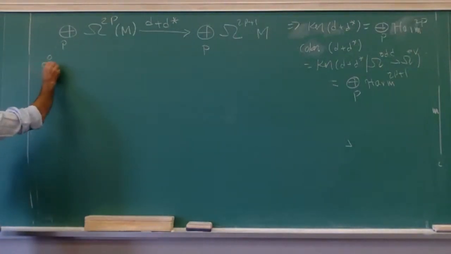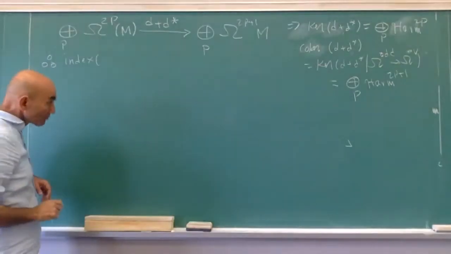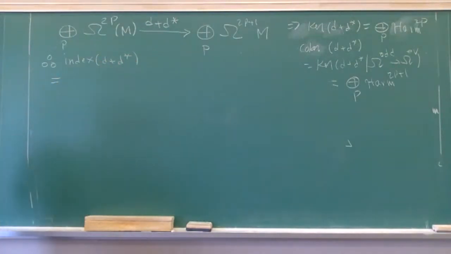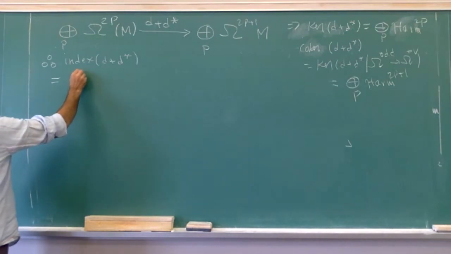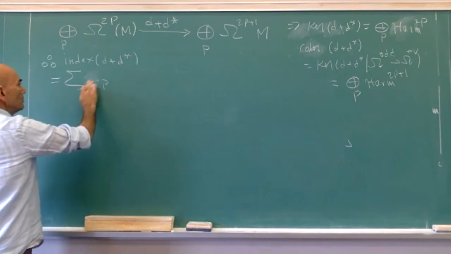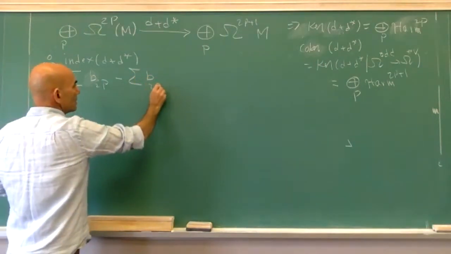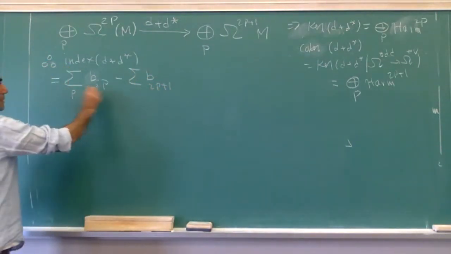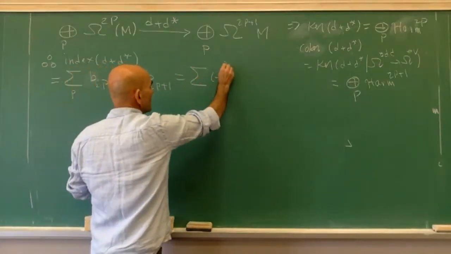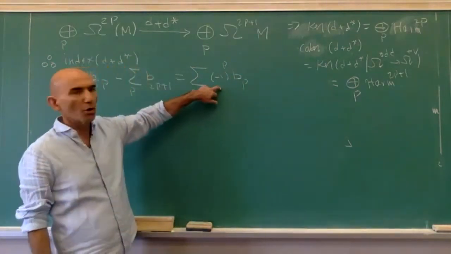So it follows that the index of D plus D star is equal to the sum of b_2p minus the sum of b_2p plus 1, which is the sum of minus 1 to the p times b_p. I'm just using a different notation called Betti numbers.